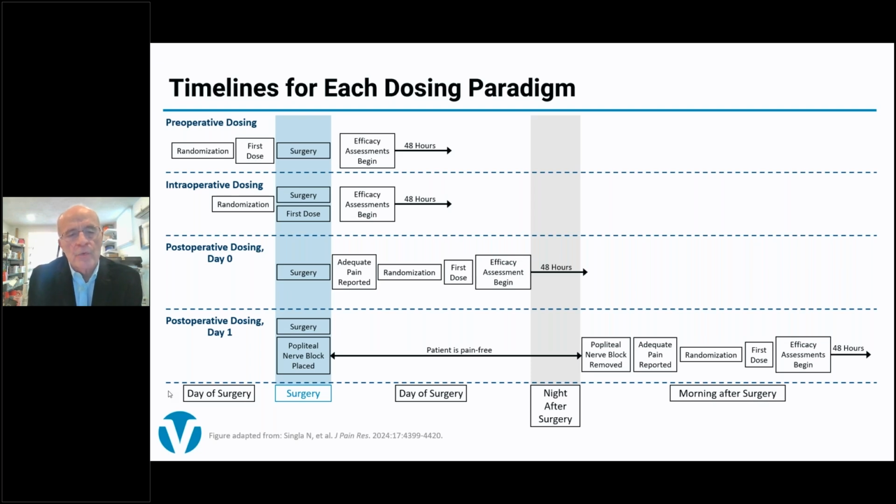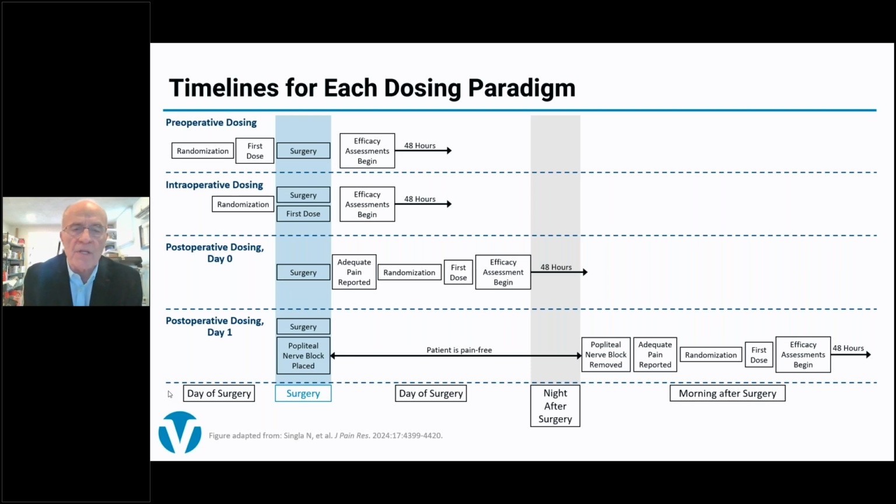And then you discontinue the popliteal block, allow the pain to occur, and then wait until there is an adequate stimulus of pain reported. Then you randomize the subjects, they get their first dose, and you measure the efficacy over roughly 48 hours, whatever is necessary. And I mentioned earlier that it depends upon the model, what your objectives are, and whether or not you use any of these, and the drug.